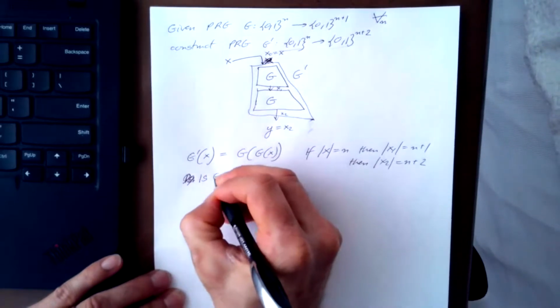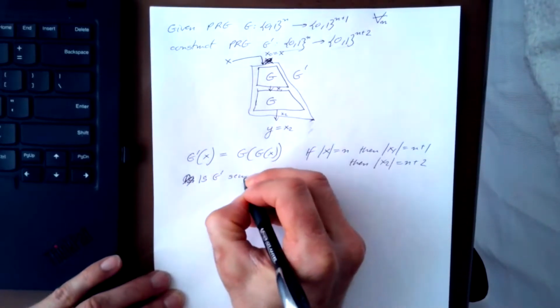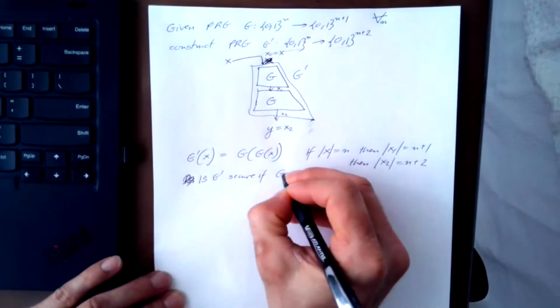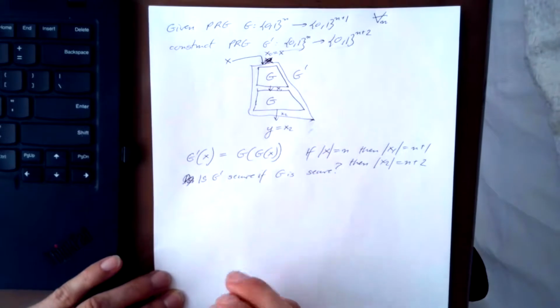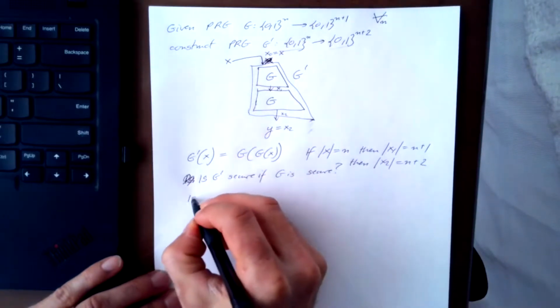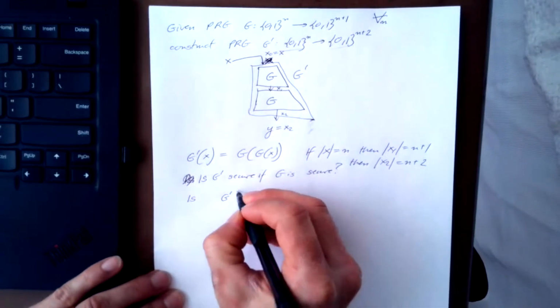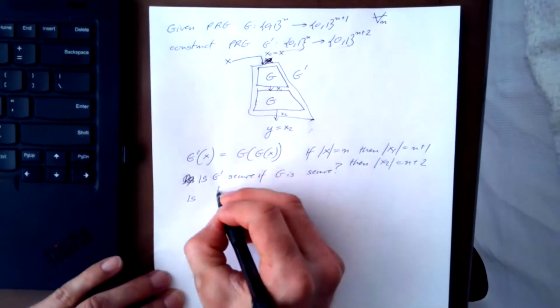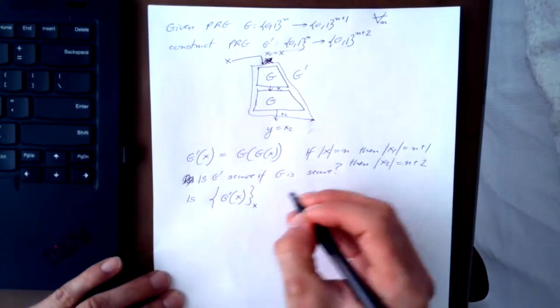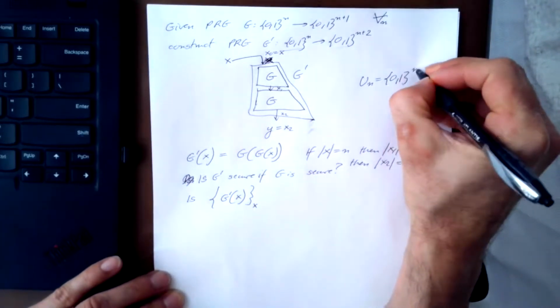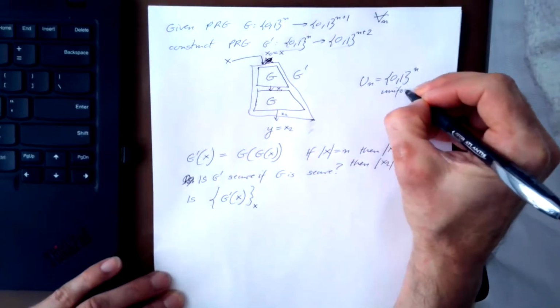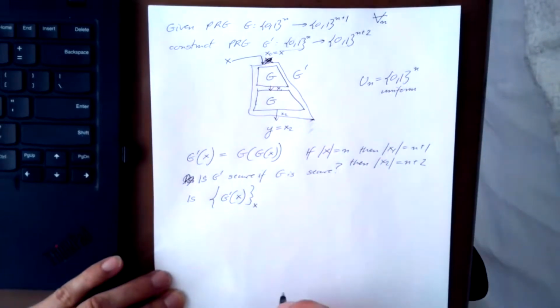Is G prime secure if G is secure? Okay, let's see. Is the distribution of outputs of G prime for x, let's have a notation, Un is a uniform distribution over n-bit strings.